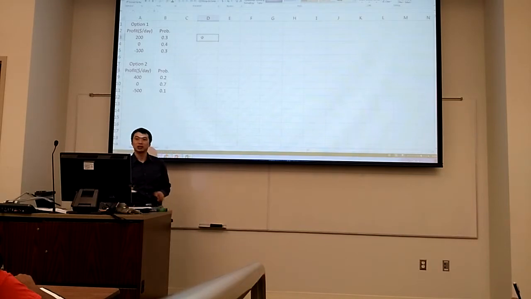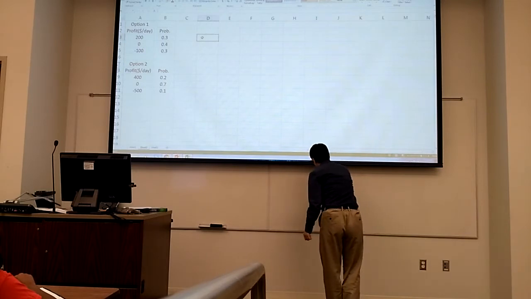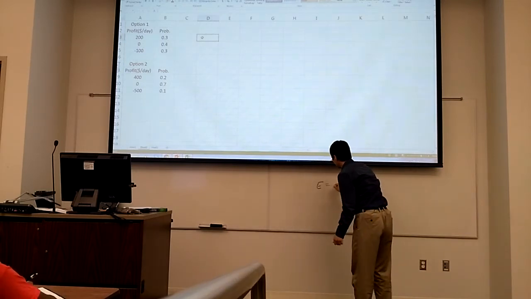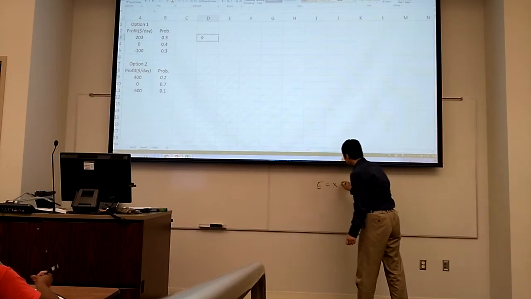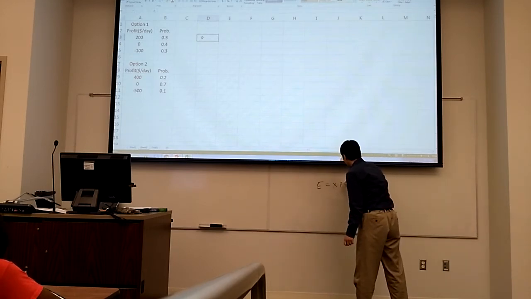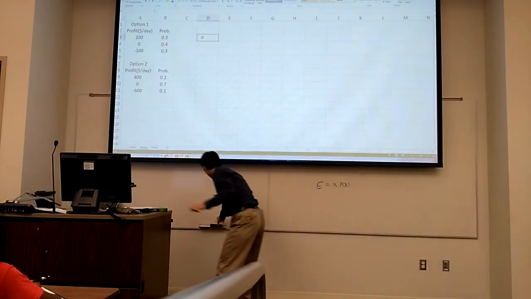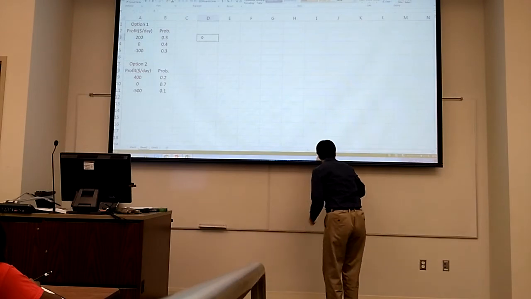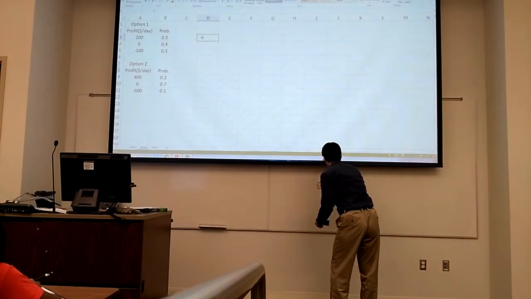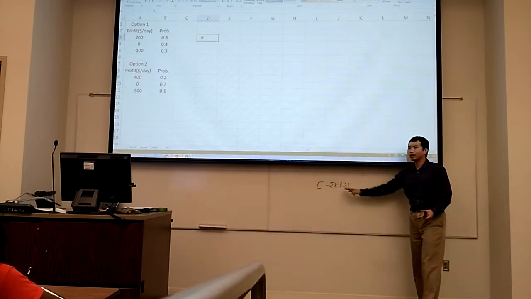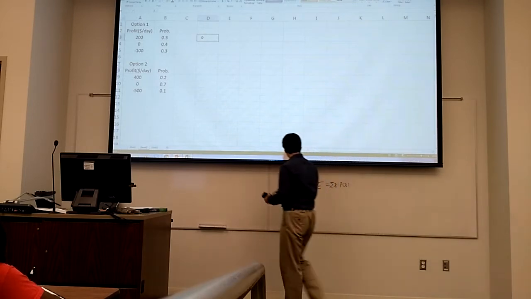Remember, we know the expected value is equal to x times the associated probability, using the small case. That's the formula for calculating the expectation. So let's use this.